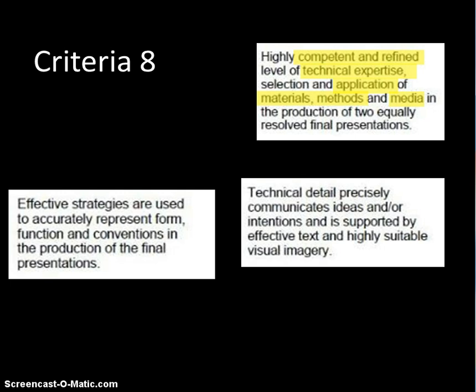The quality of your colour renderings, so how well you've used the method of rendering, how smoothly and confidently it's been applied. It will also relate to the level to which your final presentations have been resolved. So a rushed presentation where there's little time spent on refinement will be pretty obvious.